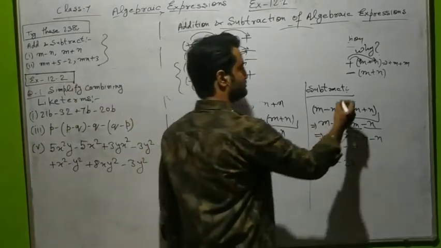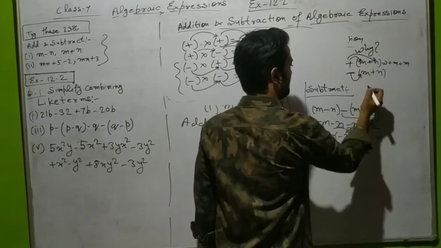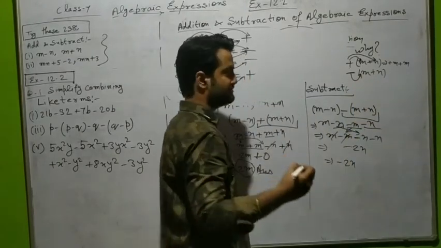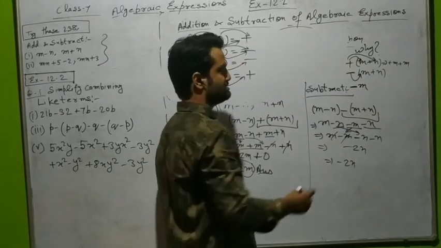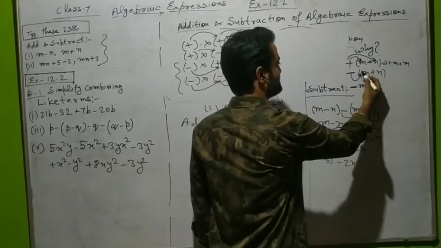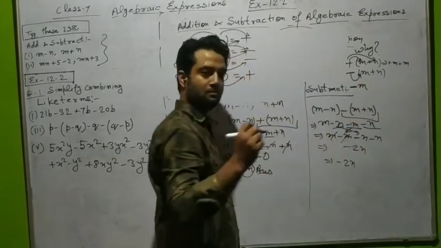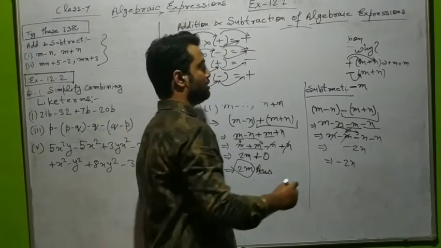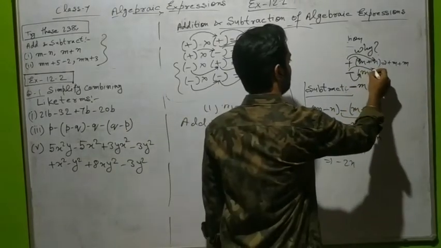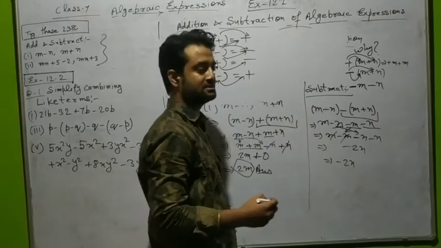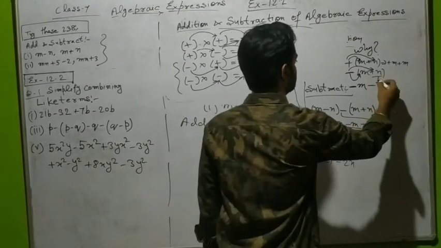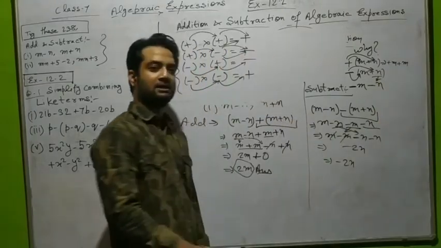Like negative multiplied by positive gives us negative m, meaning on opening the bracket, plus m becomes minus m. Now again negative multiplied by positive gives us negative n, meaning plus n is converted into minus n.